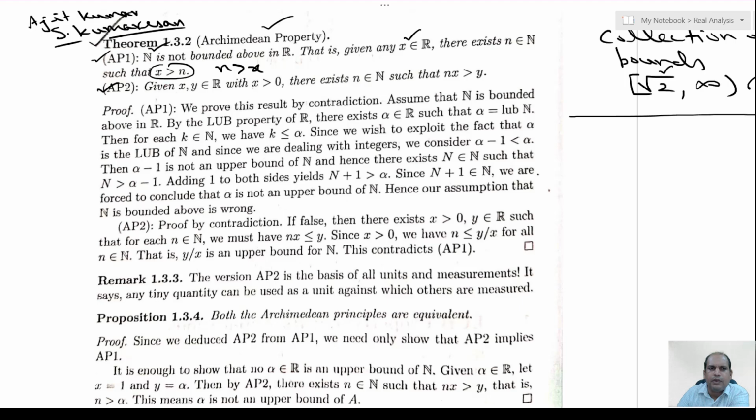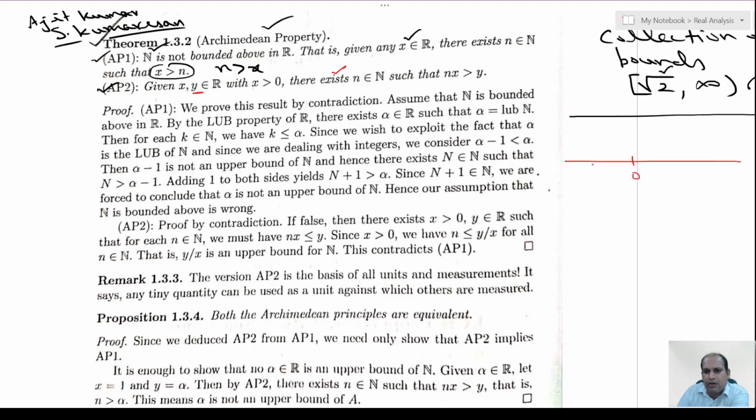If we look at the property here, given x, y belonging to R with x greater than 0, there exists at least one natural number such that n times x will exceed y. Now there is no restriction on y. Y can be 0, negative, or positive, but there is a restriction on x. Suppose this is the origin here.